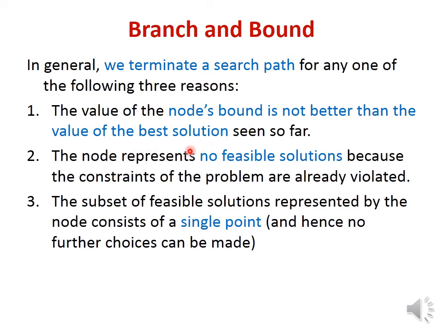That is one thing. The second thing is the node represents no feasible solution. Suppose the node in the state space tree is not a feasible solution, if it violates the constraints, then we can stop. The third one, the subset of the feasible solutions represented by the node consists of a single point, and hence no further choices can be made.